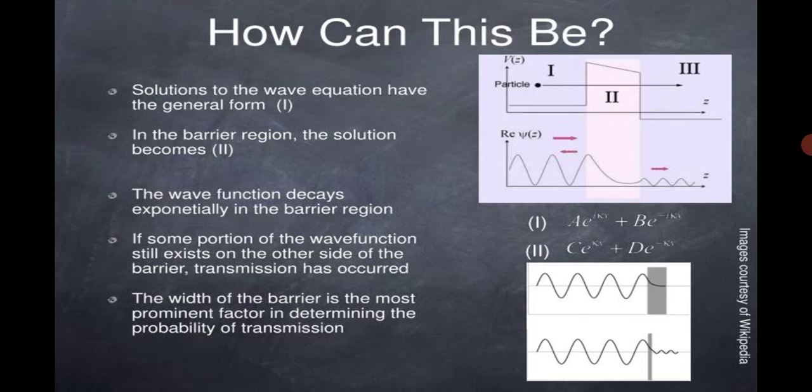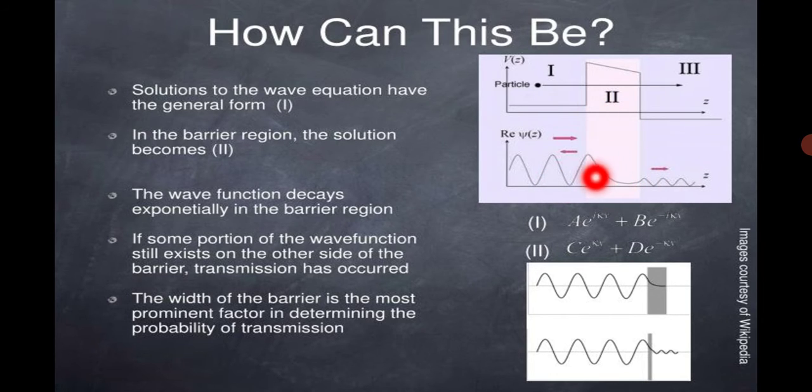In the barrier region, the solution shows that there can be a probability of having the particle in the barrier region also. The wave function decays exponentially in the barrier region. In this figure, psi is the wave function, which varies normally outside the barrier on both sides.